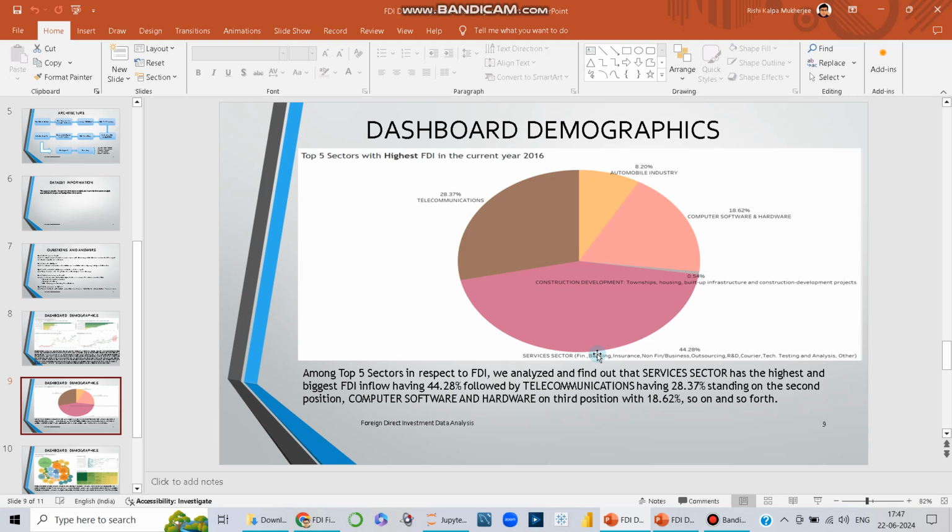Among the top five sectors with respect to FDIs, we found that the services sector has the biggest FDI inflows, with 44% of the total contributions, followed by telecommunications with 28.37% in second position. Computer software and hardware is in third position with 18%.